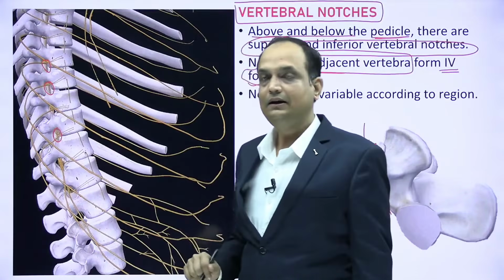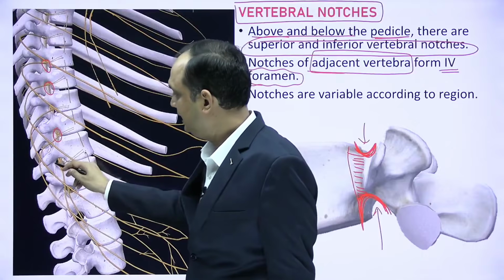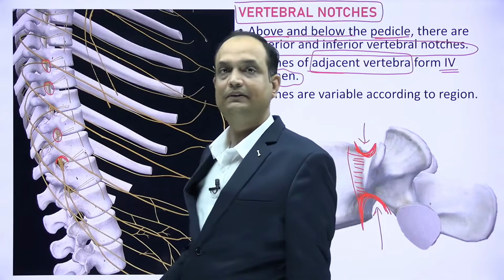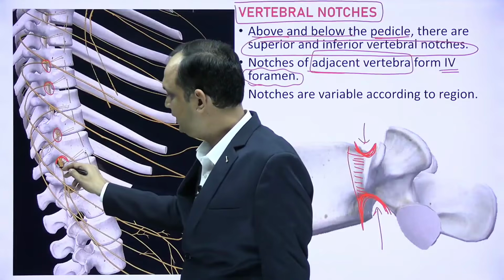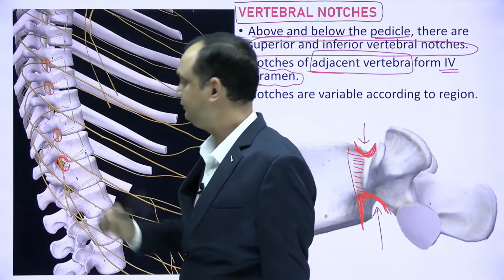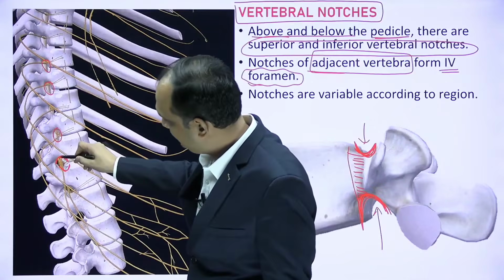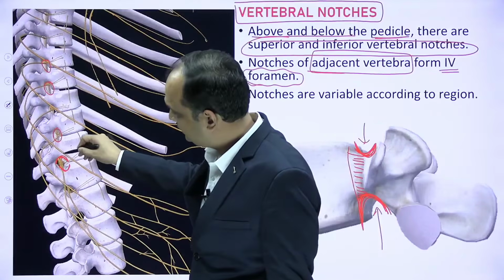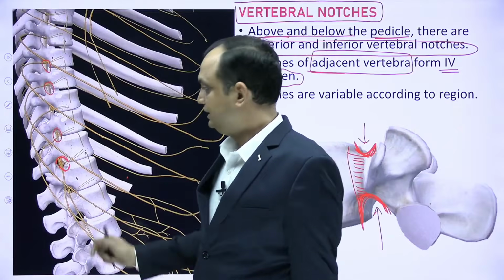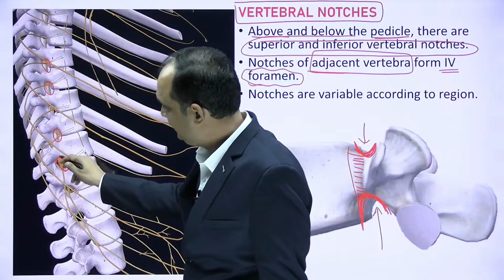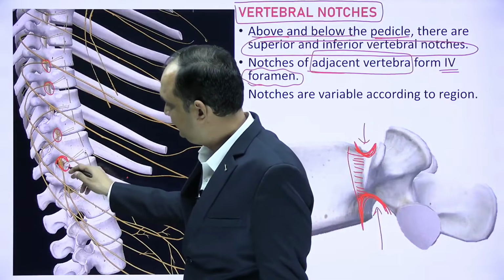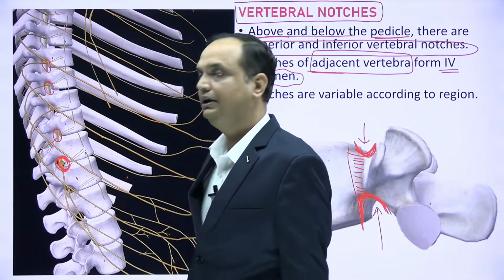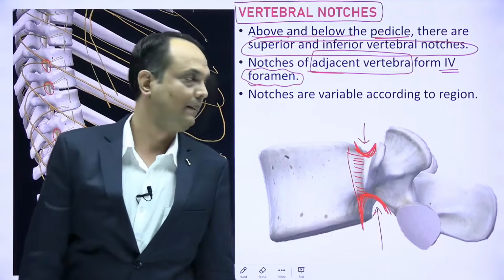Clear? And these are formed by the joining of the inferior notch of the superior vertebra and the superior notch of the inferior vertebra. So when articulation occurs between two vertebrae in the vertebral column, the inferior notch of the superior one and the superior notch of the inferior one convert these notches into the intervertebral foramina.